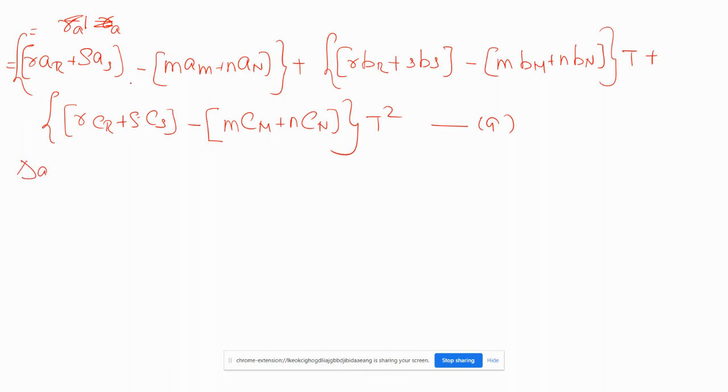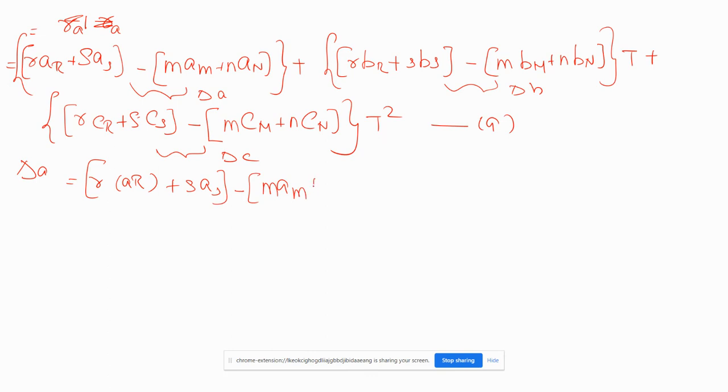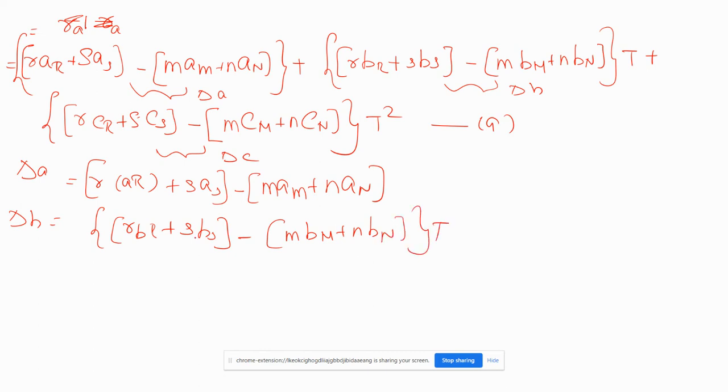Now what we will do is take this as del A, this as del B, and this as del C. So del A can be written as R A R plus S A S minus M A M plus N A N. And del B is written as R B R plus S B S minus M B M plus N B N. Not T, T is not taken; only these parameters, T and T square are as such.